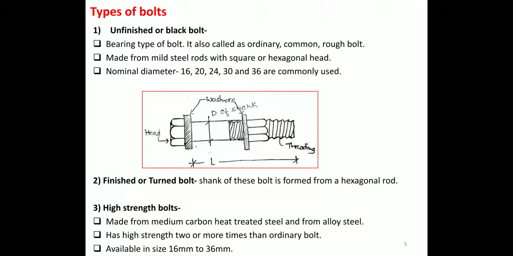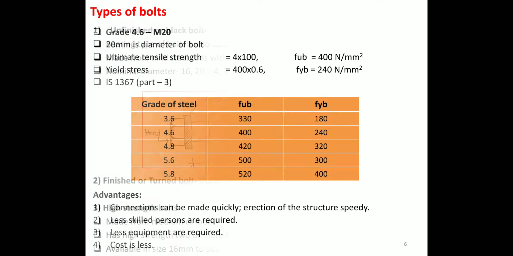A black or unfinished bolt is made from mild steel rod with a square or hexagonal head. Bolts of diameter 16 mm, 20 mm, 24 mm, 30 mm and 36 mm are commonly used on site.